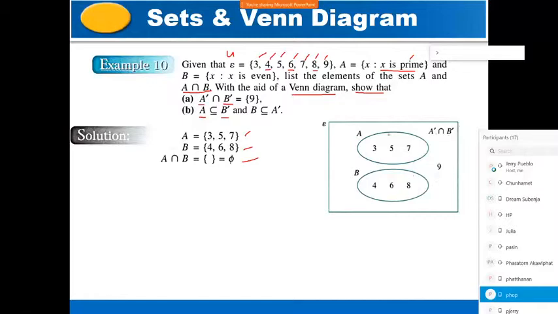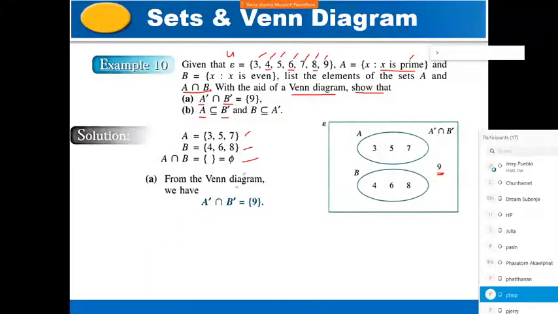Outside of B and outside of A, this area belongs to the universal set. If you look at 3, 4, 5, 6, 7, 8, 9, 9 is not listed in set A and B. That's why you put 9 outside, which is equal to A complement intersect B complement.